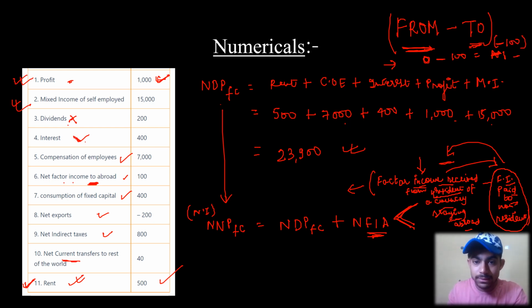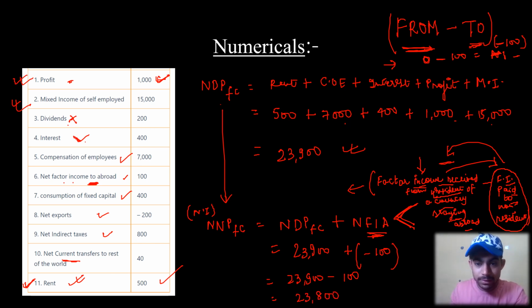Let's put this minus 100 in this equation. 23,900 minus 100 is 23,800. And this is our national income, 23,800 crores. These all figures are in crores basically. So national income is 23,800 crores.